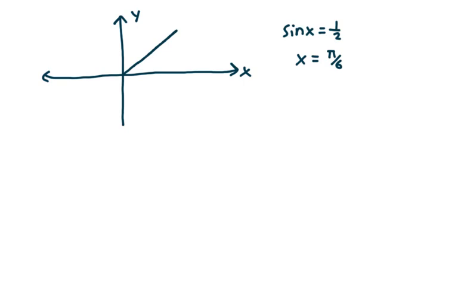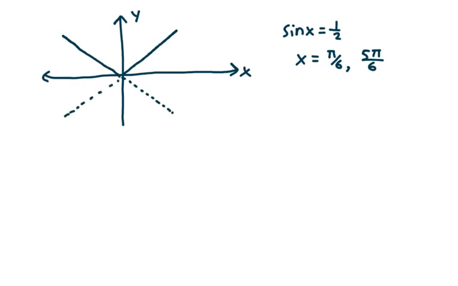But we also know that we can be over here, and so we can also get 5 pi over 6. That's fair game, right? But the question is, can we be down here or over here?